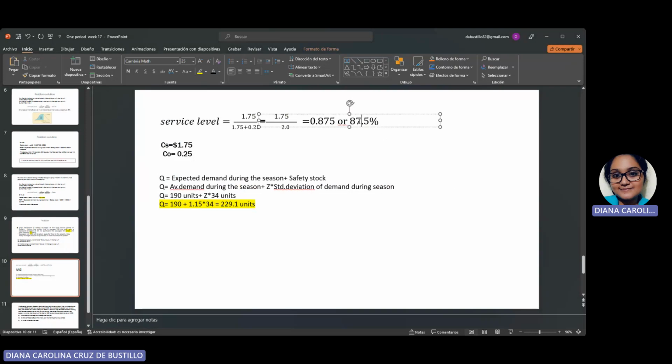So historically your customers will request an 87.5% service level, and you offer them less. What is going to happen? You are going to lose sales because you're not going to have enough inventory. So here you make sure that you have at least the service level they expect, so you don't increase this cost for shortage. Okay, so that's the idea, and this is the amount that you should order.